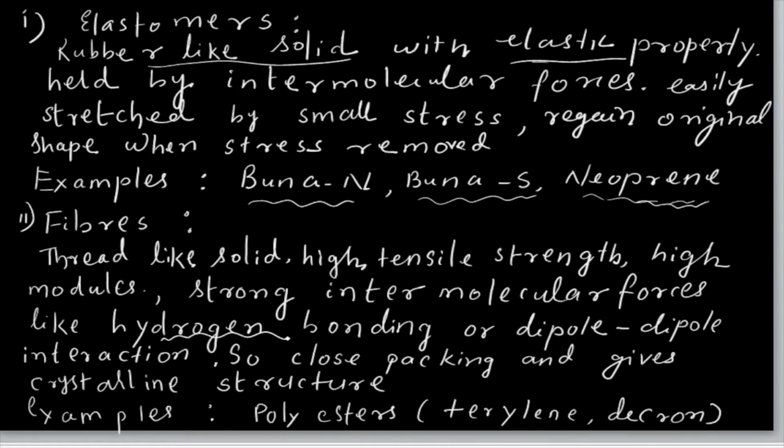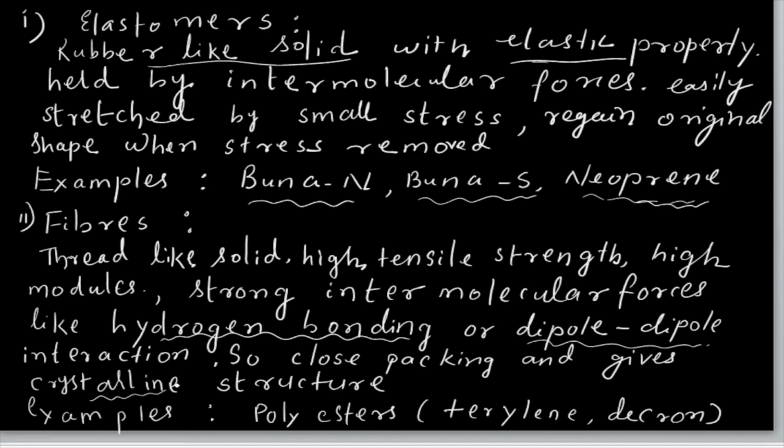You know hydrogen bonding and dipole interaction from the 11th class chapter, chemical bonding. Because of this very strong force, hydrogen bonding, there is close packing, and that is why it has a crystalline structure.